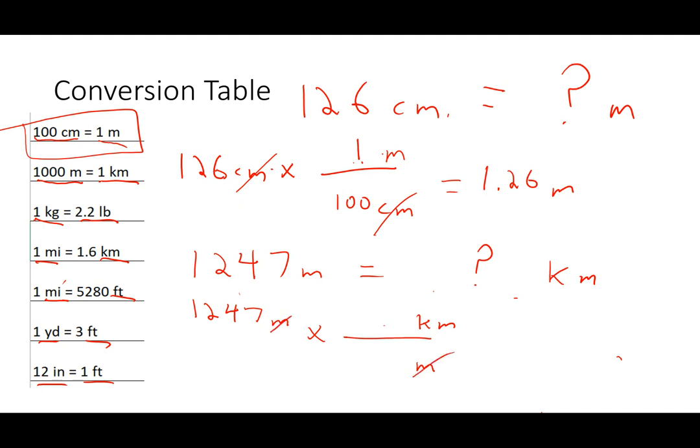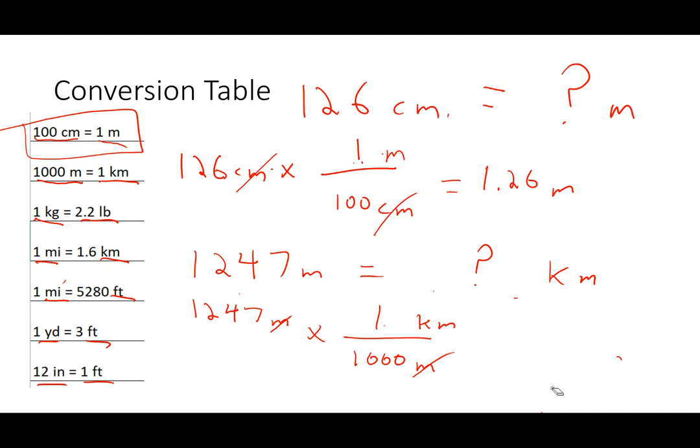And I just need to put two things here that are equal. This is known as our conversion. So I look at my conversion table and I see 1,000 meters is equal to 1 kilometer.